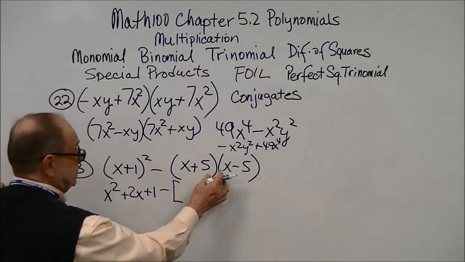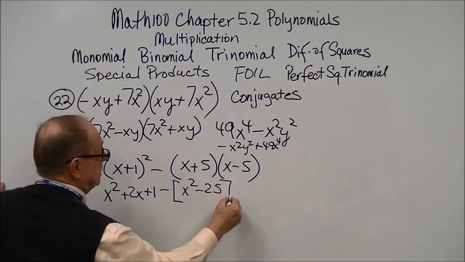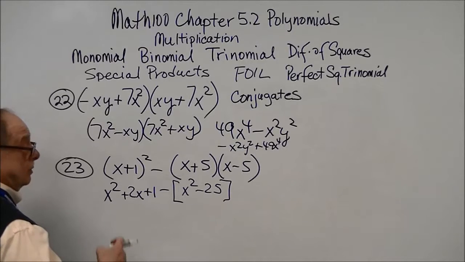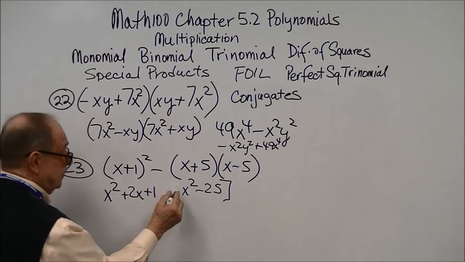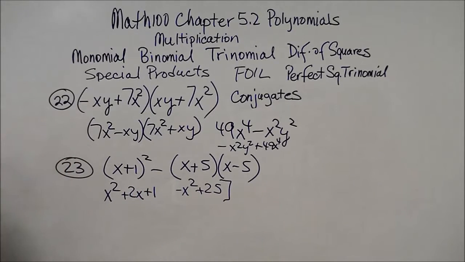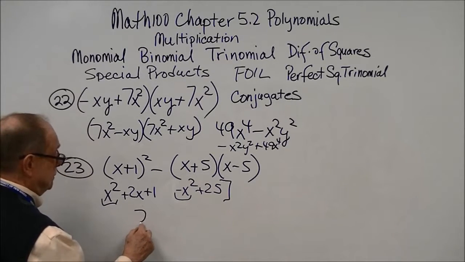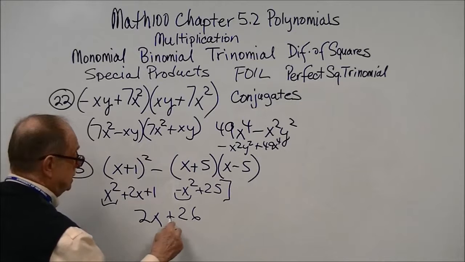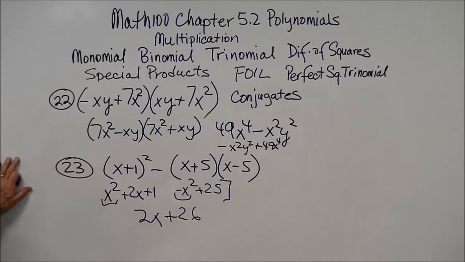This is just going to become x squared minus 25. But notice there's a negative sign in front. So again, from the last section, as we take this negative sign away, this becomes a negative, this becomes a positive. And notice now these cancel out. We're left with 2x plus 1 plus 25, plus 26. So this is just a little more of a challenge, and I illustrate it for you here.